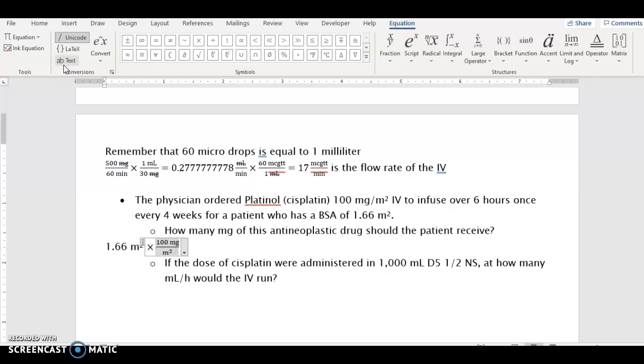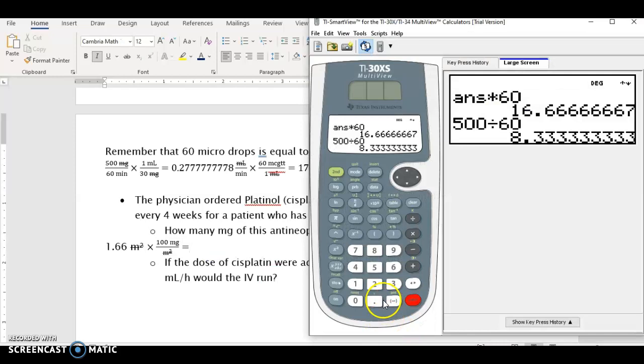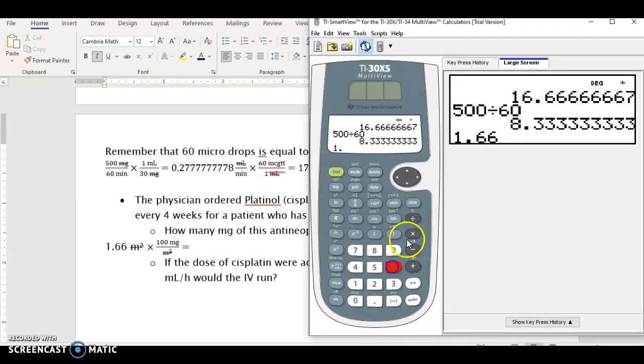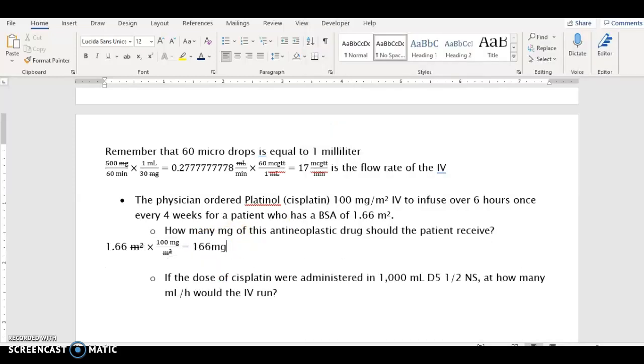When we do that, we get the amount of the drug, the dose, the amount of the drug the patient will receive, so we eliminate meters squared in the process. On our calculators we do 1.66 multiplied by 100, and we get 166 milligrams. That's the amount of the drug the patient will receive.